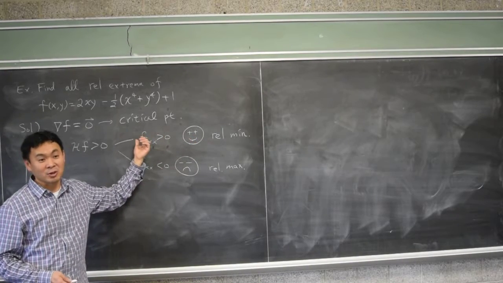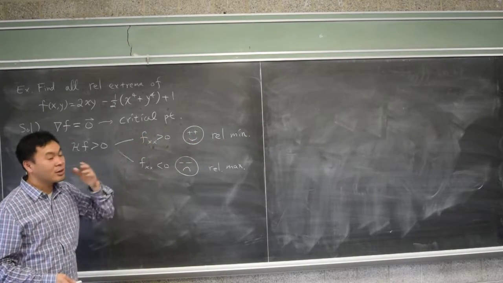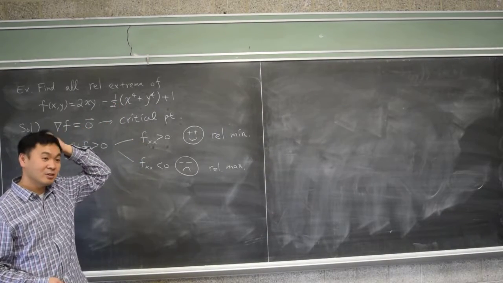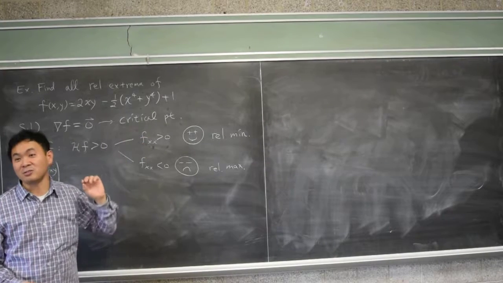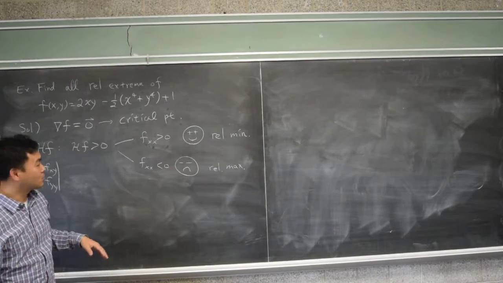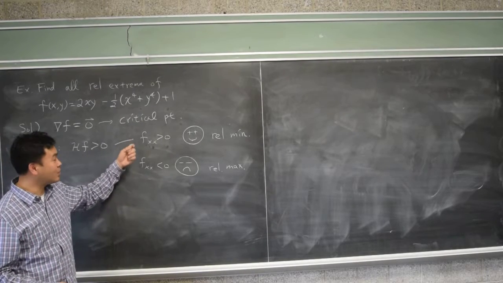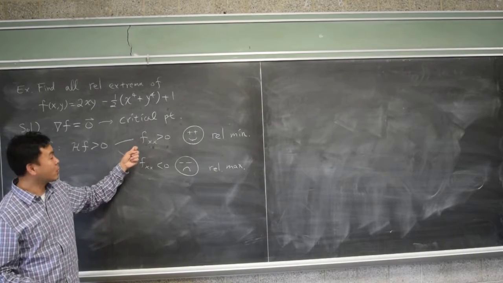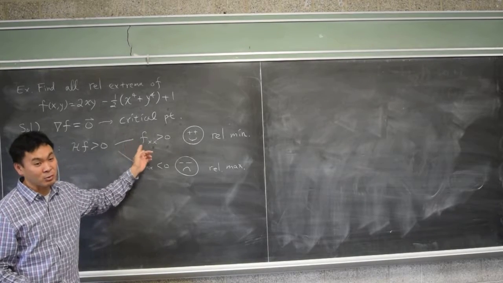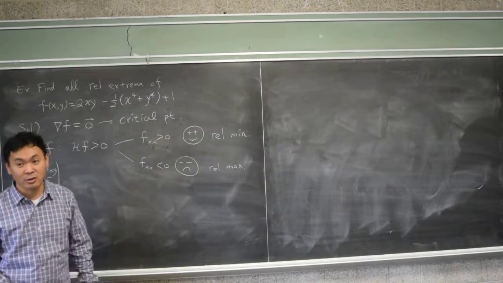You don't even have to look at fxx. There are cases where fyy is a constant, and constants are very easy to see if positive or negative. You don't have to plug in the values. So those are the shortcuts that you can take: instead of fxx, you could use fyy bigger than 0 or less than 0.